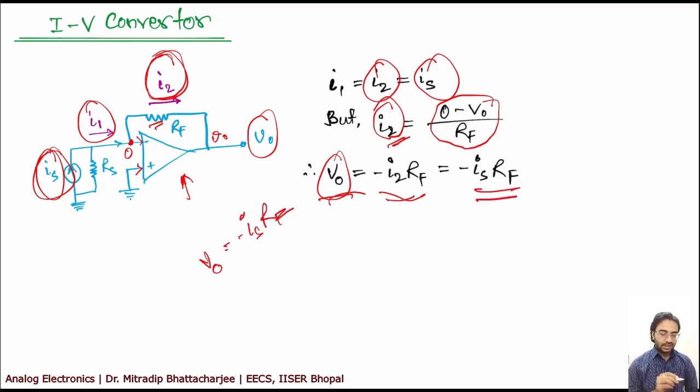Here it is written. So your output voltage becomes a function of input current. Your input current will now decide what your output voltage will be. So it's kind of a current controlled voltage source, right? Current is controlling your output voltage.